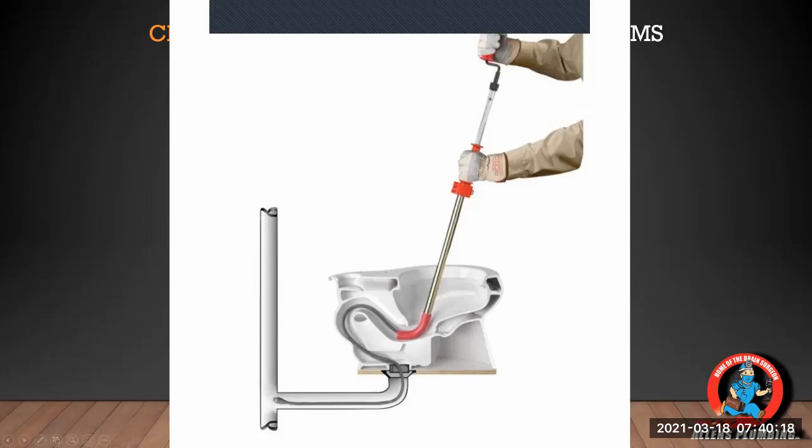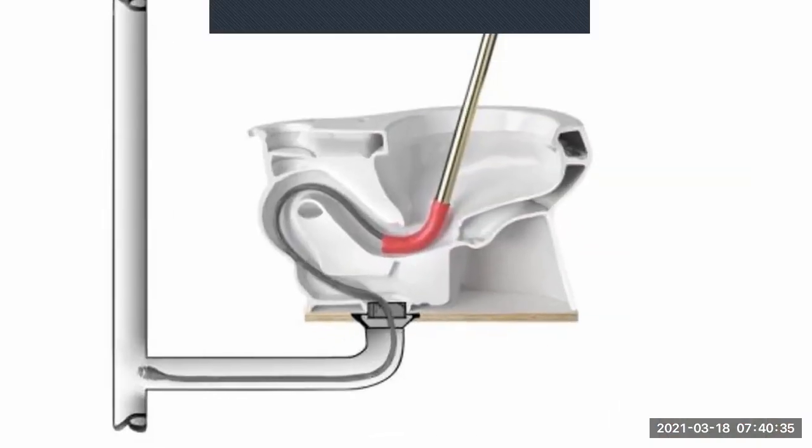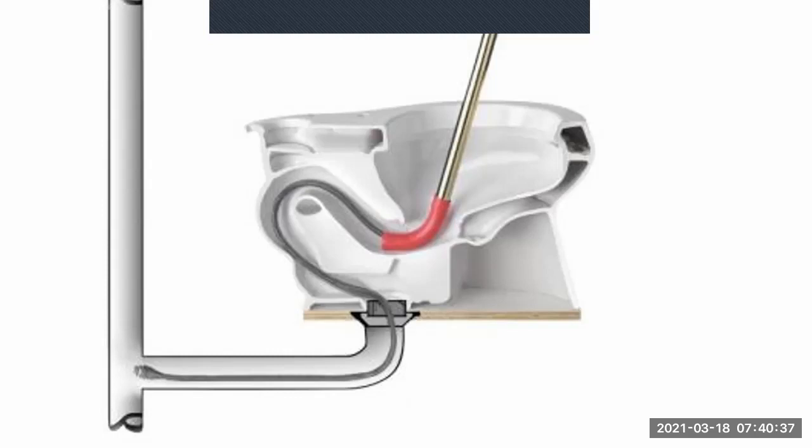Can I ask you a question, Josh? Yep, go ahead. Why is that rubber part on the bottom of the auger? Yeah, I was just going to explain that. There's a reason for everything on these tools. This rubber piece right here is made to protect the porcelain, because this snake will scar the toilet and cause all these marks.